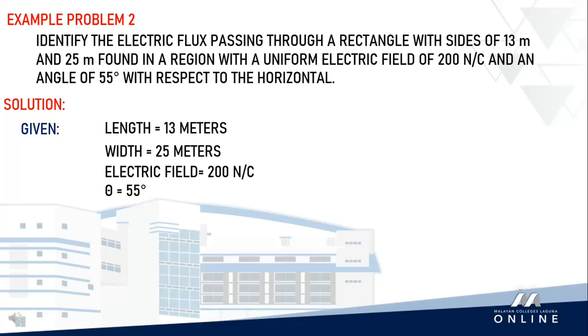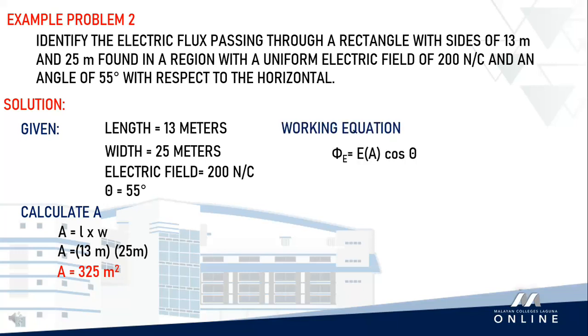The area of a rectangle can be calculated using length times width. The length is 25 meters and the width is 13 meters. Multiplying these two, the total area is 325 square meters. We can use this area in finding the electric flux by substituting this in our formula, E times A times cosine theta.